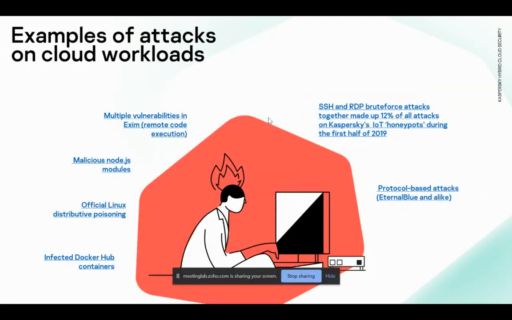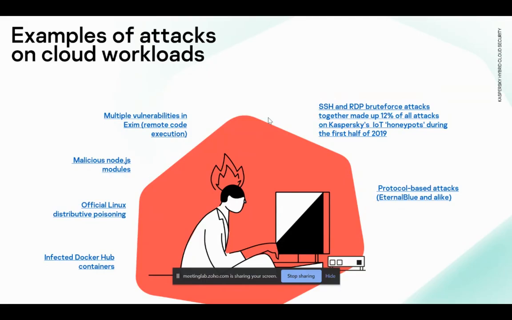Examples of some of the attacks on cloud workloads are malicious Node.js modules. Node.js has modules which can be installed on your workload. If you use some malicious ones, your systems can be infected with that.